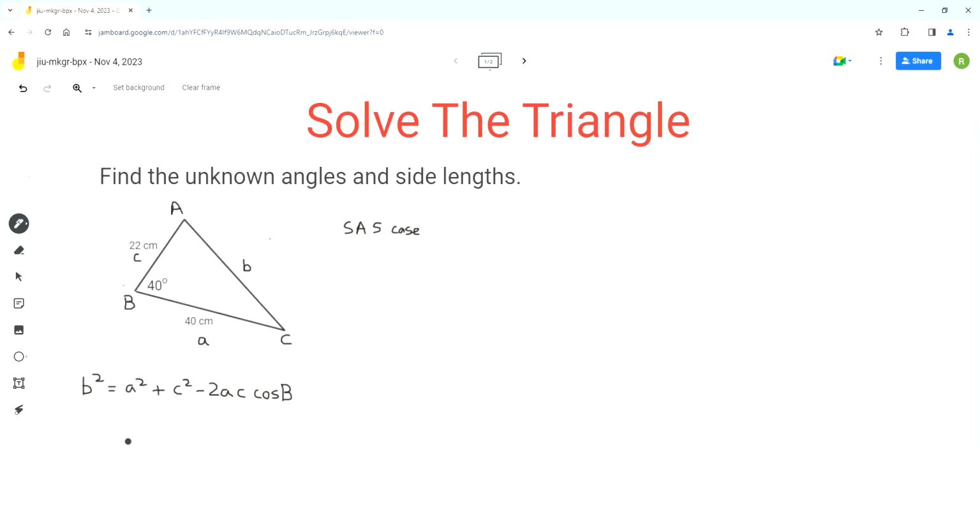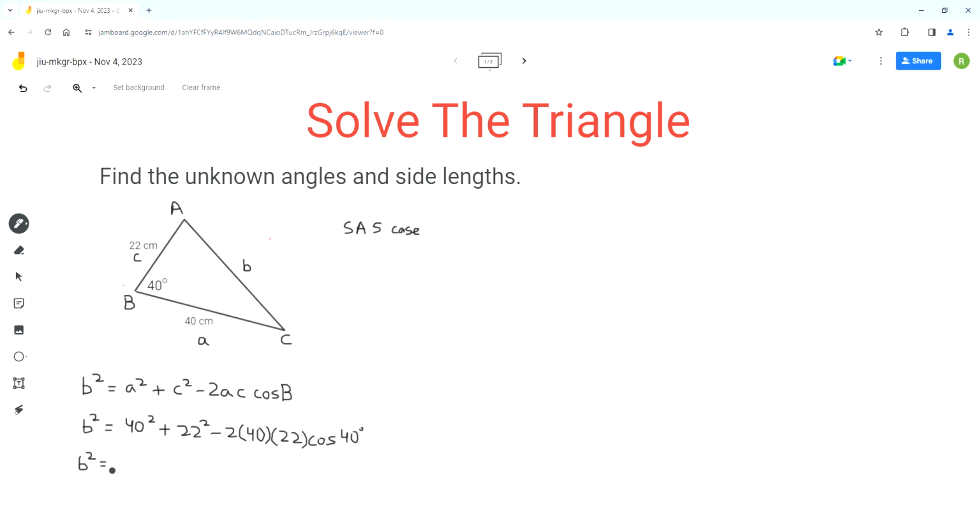So now we can sub in the values. So we are solving for side B, so that stays as B square. So side A is 40, so 40 square plus side C is 22, so 22 square minus 2 times 40 times 22 times cosine of 40 degrees, because that's the given value of angle B. Now we can simplify this expression using a calculator.